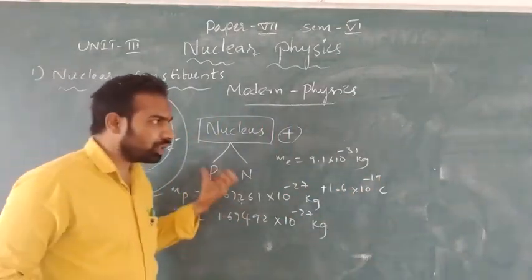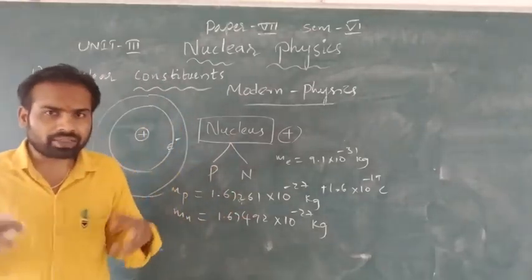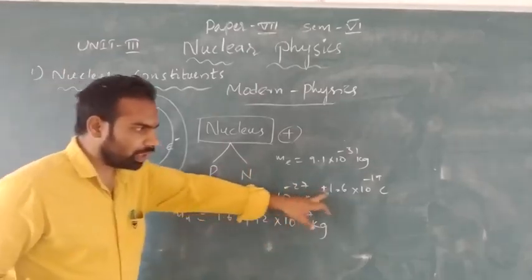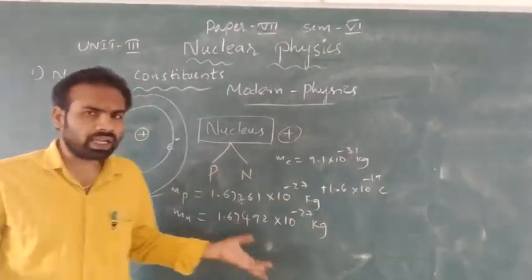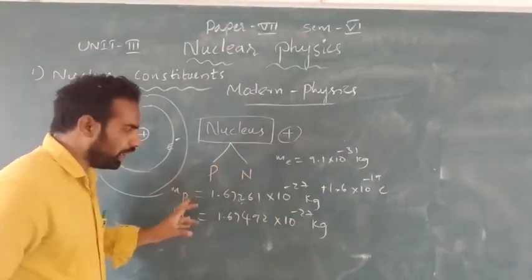So these are the constants of the nucleus. The nucleus consists mainly of protons and neutrons, with their masses and the charge of the proton. The charge of the neutron is neutral. The entire charge on the nucleus is due to the protons in it.